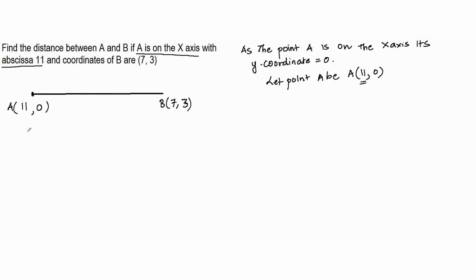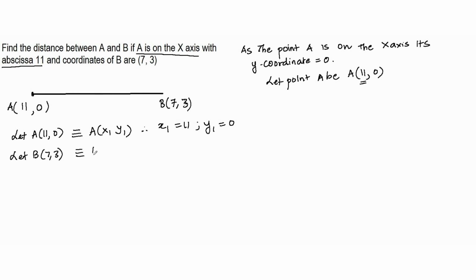Now we have to find the distance between these 2 points. So I can say let A of 11, 0 correspond to A of x1, y1, and therefore x1 is 11 and y1 is 0. And let B of 7, 3 correspond to B of x2, y2. Therefore, I can say that x2 is 7 and y2 is equal to 3.